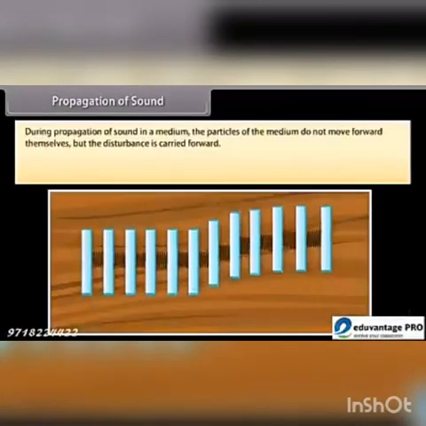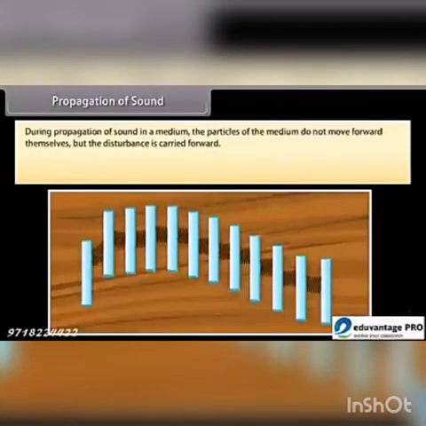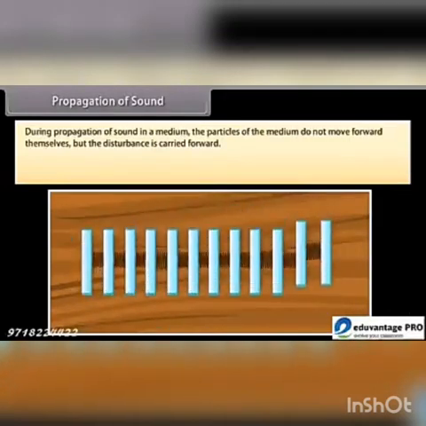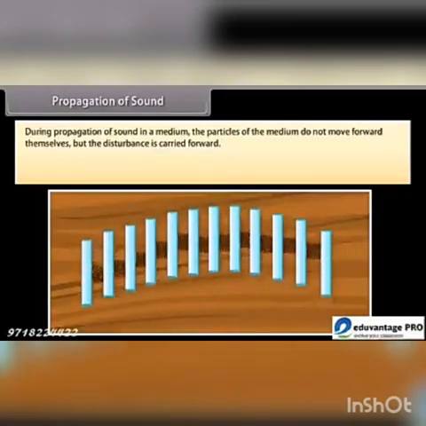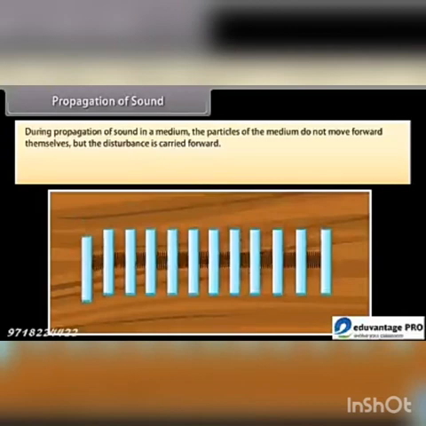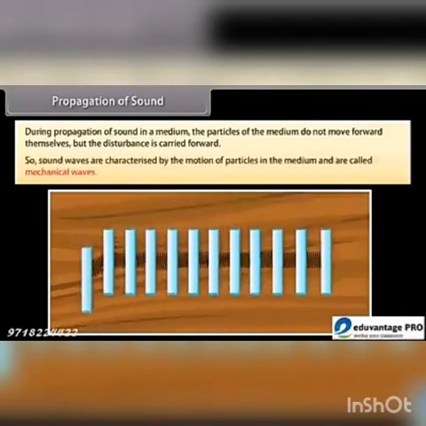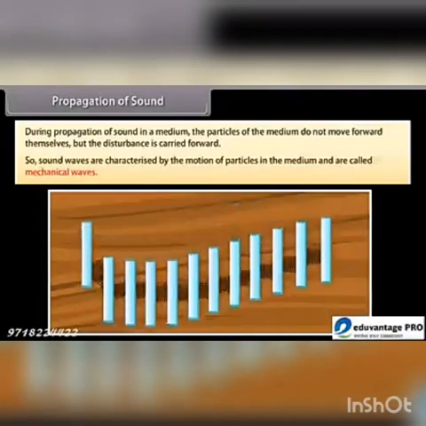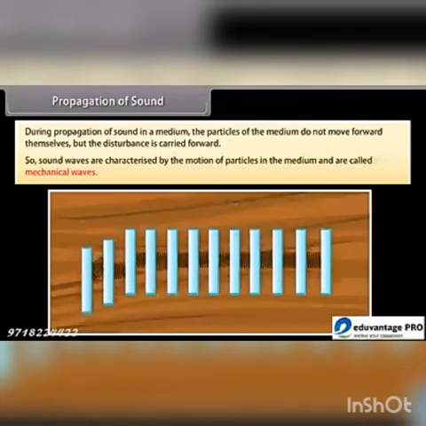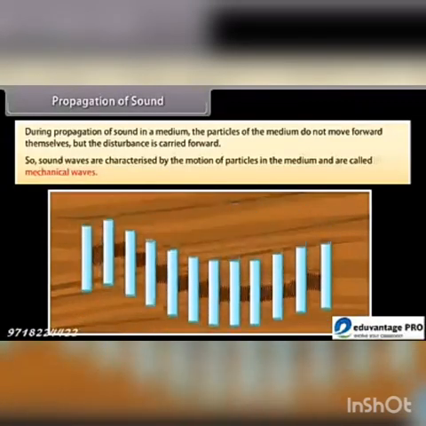During propagation of sound in a medium, the particles of the medium do not move forward themselves, but the disturbance is carried forward. So, sound waves are characterized by the motion of particles in the medium and are called mechanical waves. Can you tell the most common medium of sound?